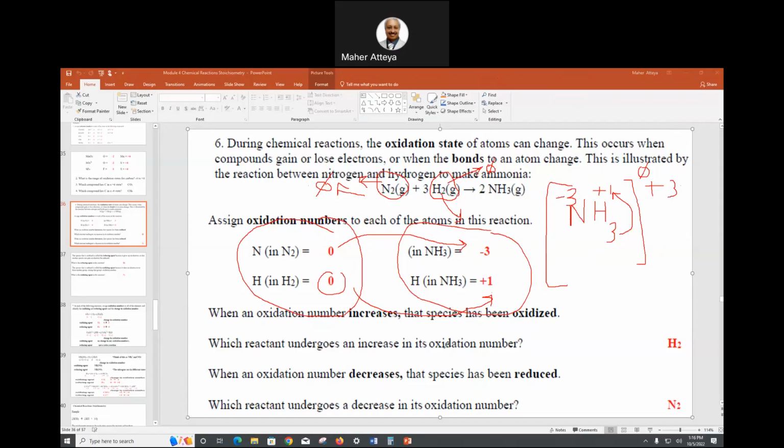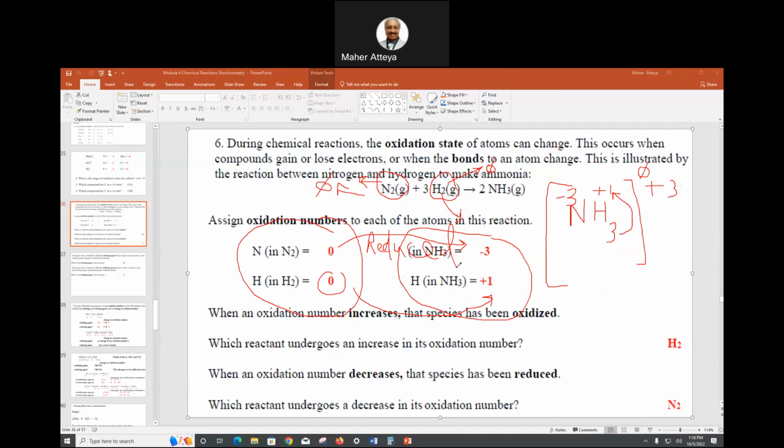So the nitrogen is being what? What we call this is being reduced. Bear with me, it's very hard with this. Nitrogen is being reduced. How about hydrogen? From 0 to +1. Is that an increase or decrease?